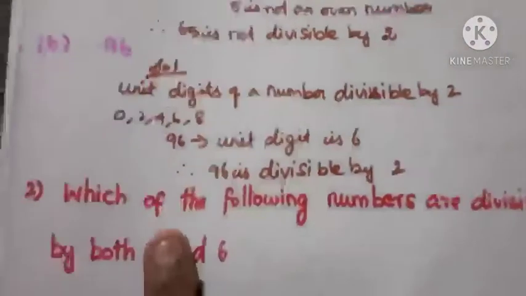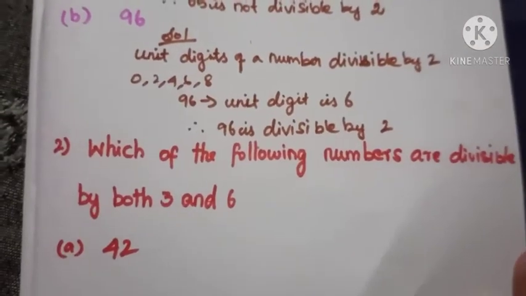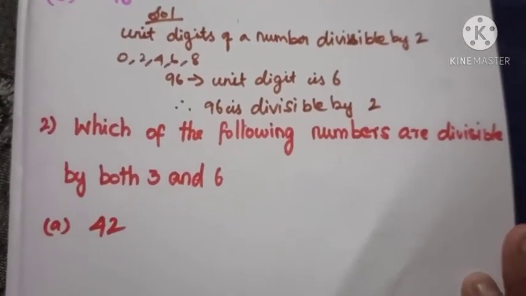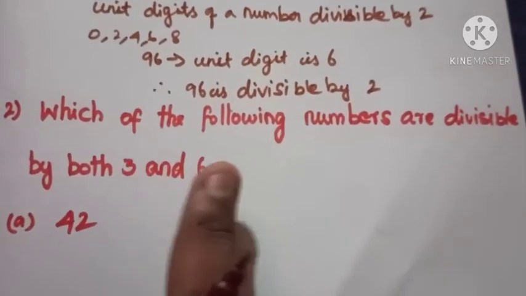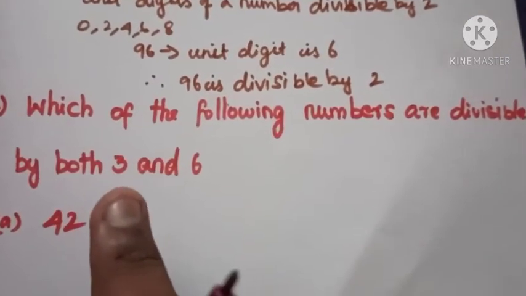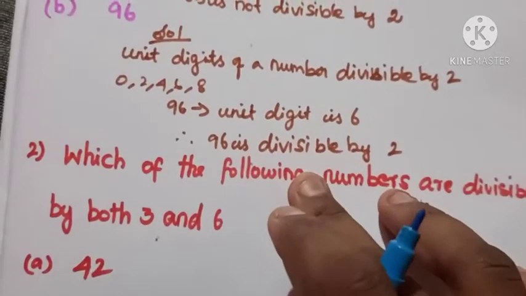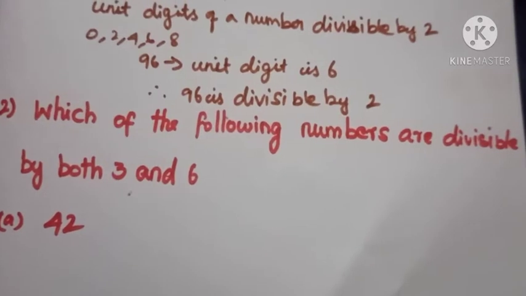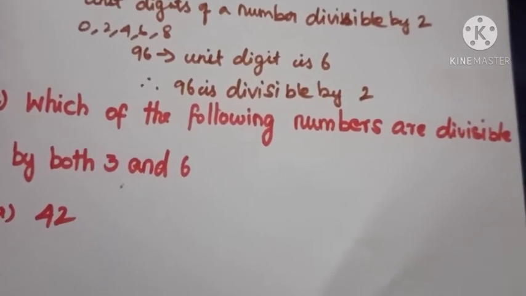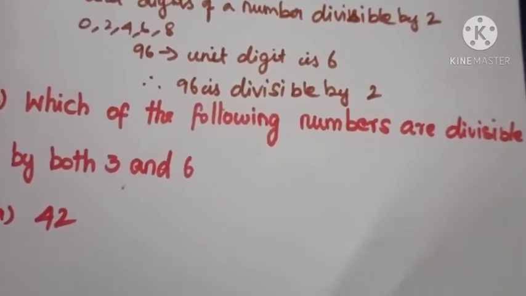Second main, what we need to find out is whether the given number is divisible by both 3 and 6. Not only 6, both 3 and 6. So in this question, you need to follow divisibility rule 3 and divisibility rule of 6. Divisibility rule of 6 is nothing but you check with the divisibility rules 2 and 3.